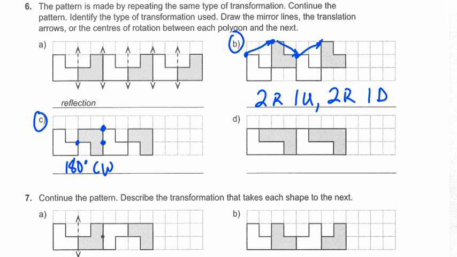So I'm just going to erase that one. And if I put the point there, then I would say it's another 180-degree clockwise for each of those points. Anyway, see if you can figure out what's happening for each of those. And for D, you might have to figure out the point of rotation. See if that's tricky or not for you.